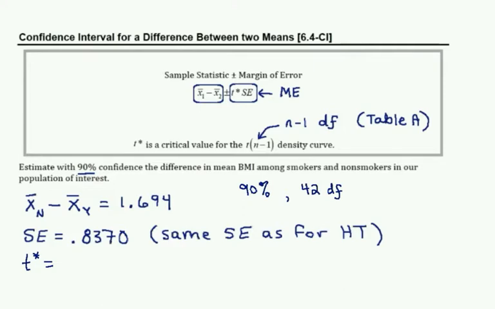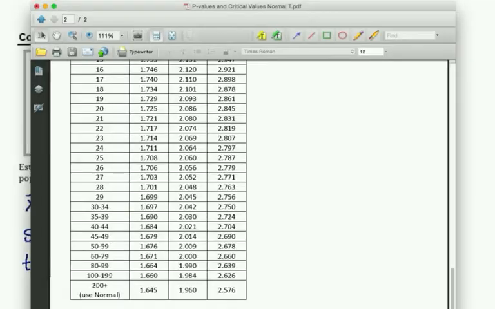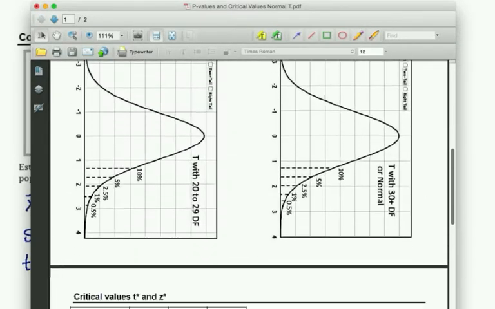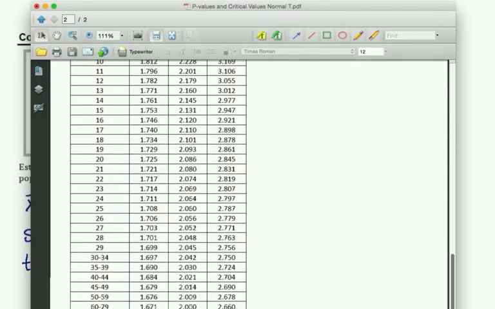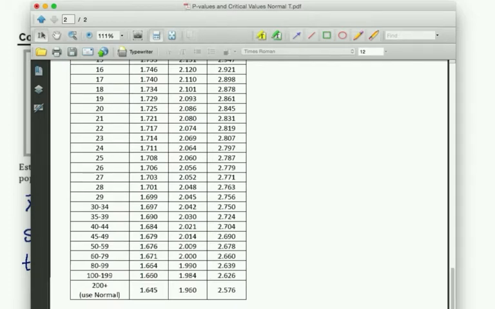So I'm going into my critical values table here and looking at the 90% column, and I'm really interested in the row for 40 through 44 degrees of freedom. As the critical values start to get closer together, we look at ranges of degrees of freedom instead of precise values, and I will take the first one there, which is that 1.684, since it's in the 90% column.